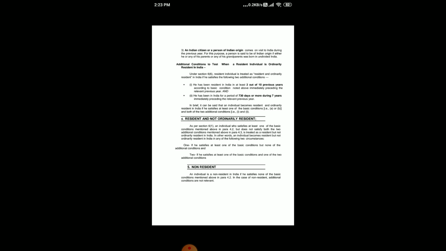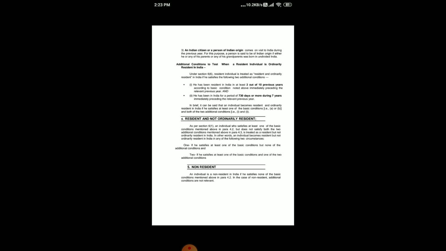The second subsequent condition is that he has been in India for a period of 730 days or more during the 7 previous years immediately preceding the relevant previous year. So he should be in India for 730 days or more during the 7 immediately preceding previous years.